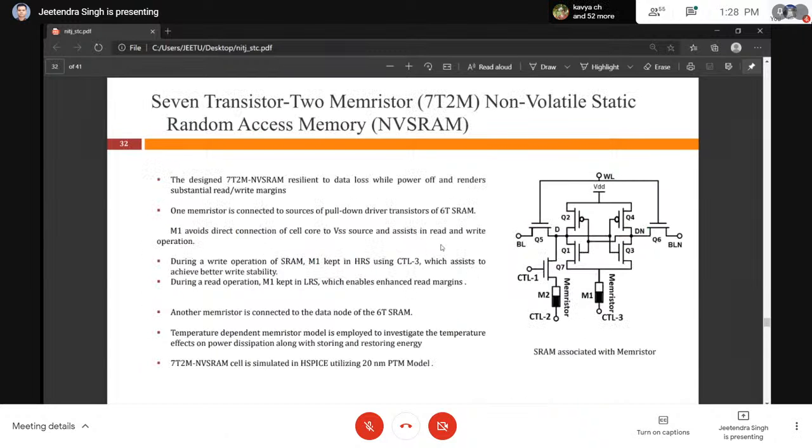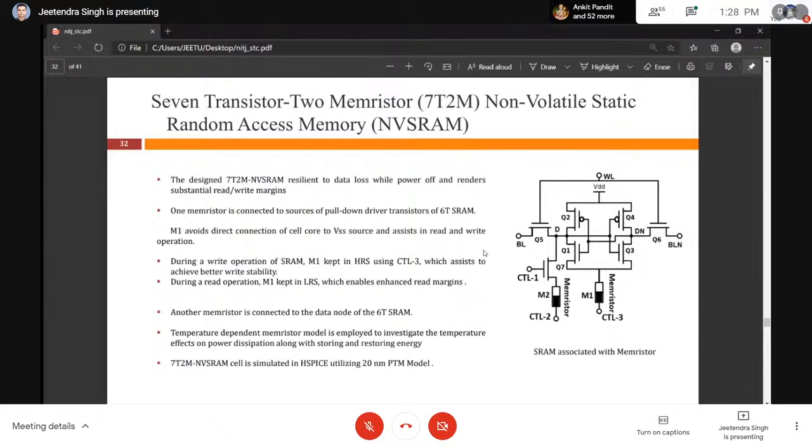Finally, this is the memory part of the memristor. Whatever memristor is designed is modeled, and the model of the memristor is called into HSpice by defining it in Verilog.